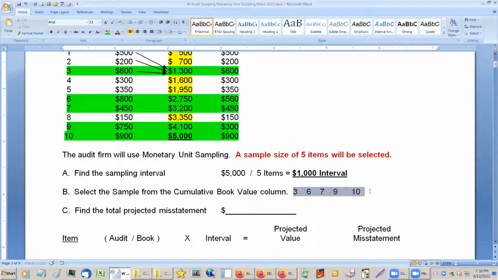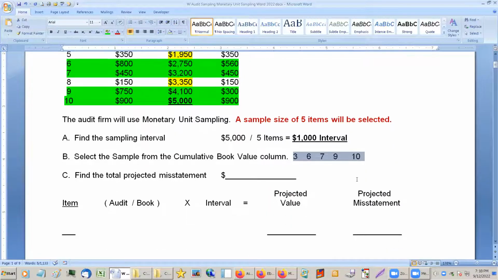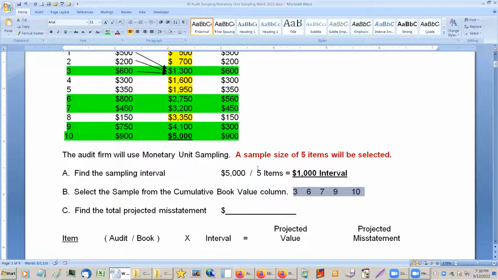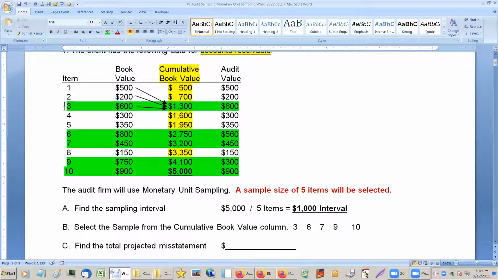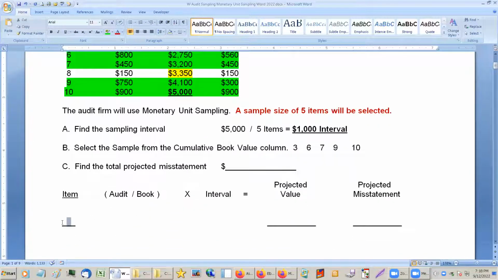So these are the items we're going to pick for each one, and we're going to have that one represent the entire interval. So number 3 is going to represent the entire first interval. Okay, so let's take a look at item 3.